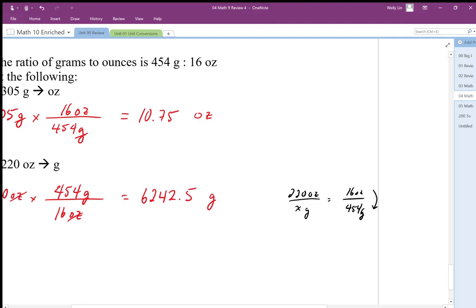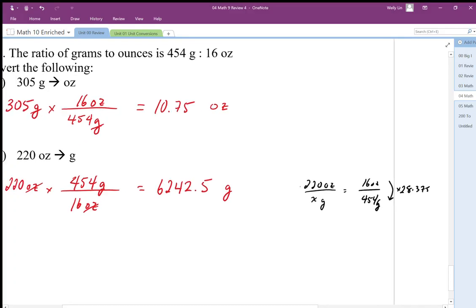If I want to find my multiplier, I just divide. So 454 divided by 16, that gives me 28.375, okay? And notice that that's my multiplier going from here to here, times 28.375.